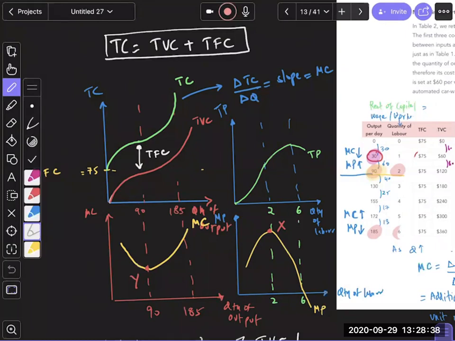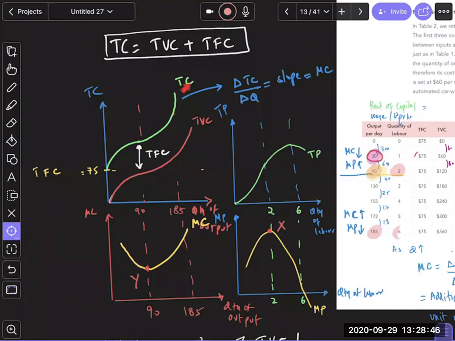Make sense, guys? What I'm saying is that the gap between total cost and total variable cost is total fixed cost. Total variable cost plus total fixed cost, which is $75, is your total cost. So the graph is the same, the shape is the same. These are parallel to each other, which means the slope is the same, which means the slope of TVC is also MC.